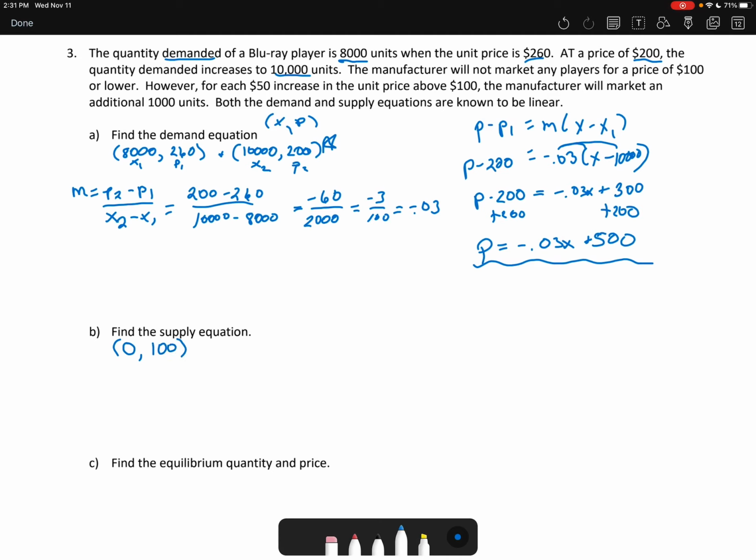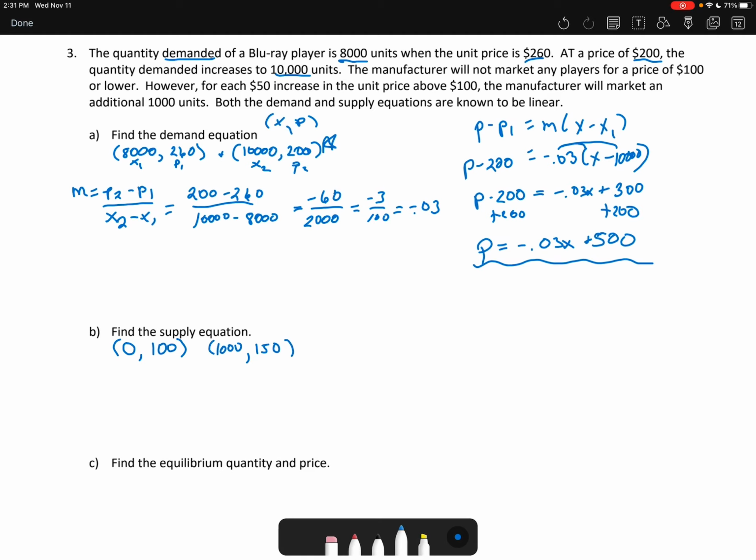So that's an ordered pair. If the price is $100, they aren't going to manufacture any. And then they've given us enough information to come up with as many other points as we'd like, for every $50 increase above 100. So what if we go to $150? They will market an additional 1,000 units. Well, an additional 1,000 units from zero is 1,000.